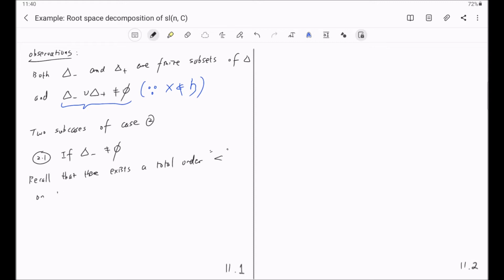Defined on the set of roots delta. Remember this is a superset of this delta negative. I should emphasize that this means every two elements in delta are comparable.